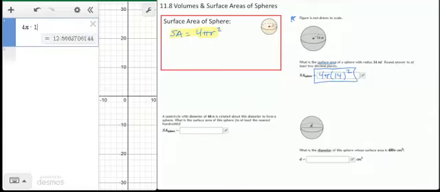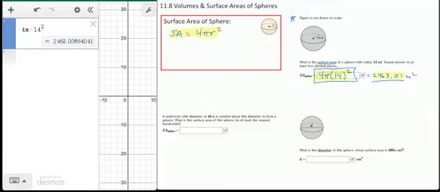If you are doing the calculation separately, you can also do that. In this particular case, you would get 2,463.01. The units on this are also square units because it's an area. It was given as meters, and so you would use square meters if you had to label it.